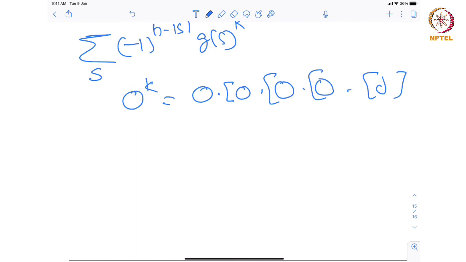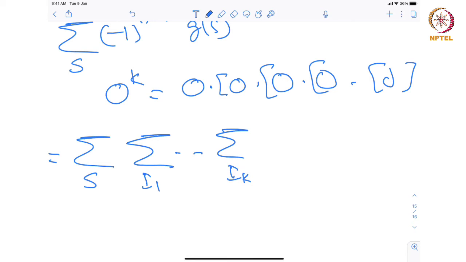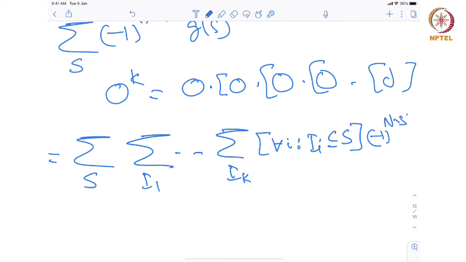So we can write the left hand side as the summation over S, of summation over an independent set I, dot, summation over k independent sets, right? And what is the property? That for all I belongs to set S, and (-1) to the power n minus S. That is exactly the same thing. Okay, that's it.